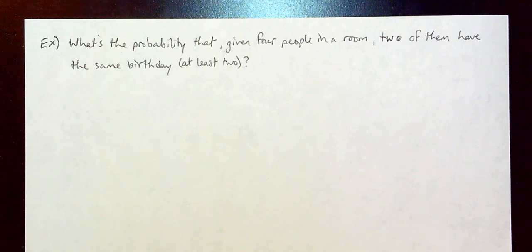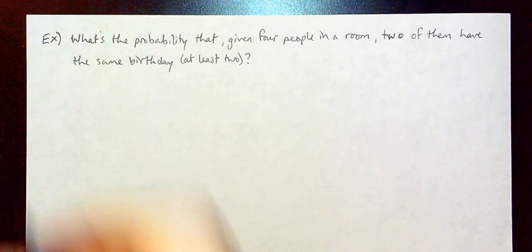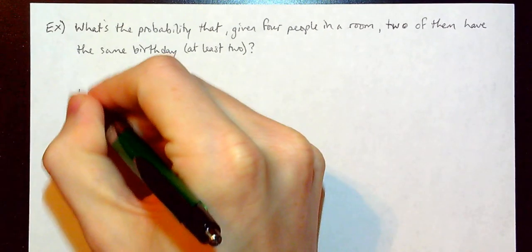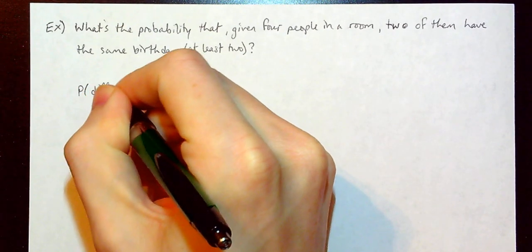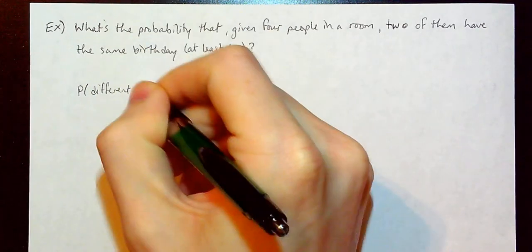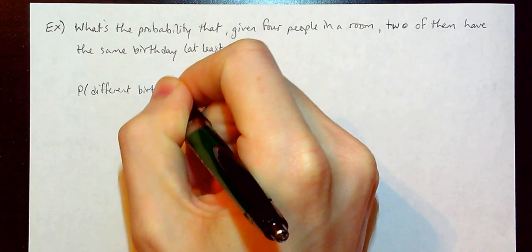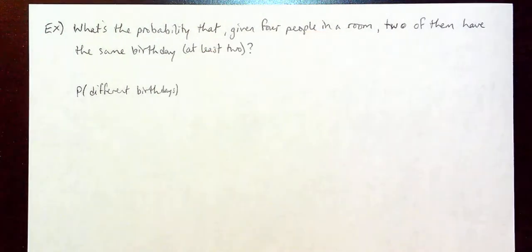Then we'll take that probability that we find and subtract it from 1, because you either have everyone having a different birthday or you have at least 2 or more people having the same birthday somewhere. So let's find the probability of different birthdays for these 4 people.